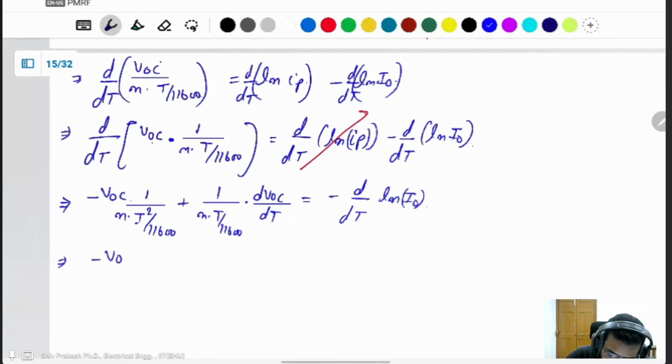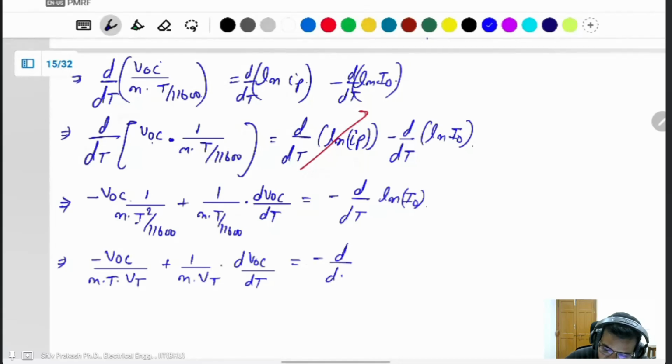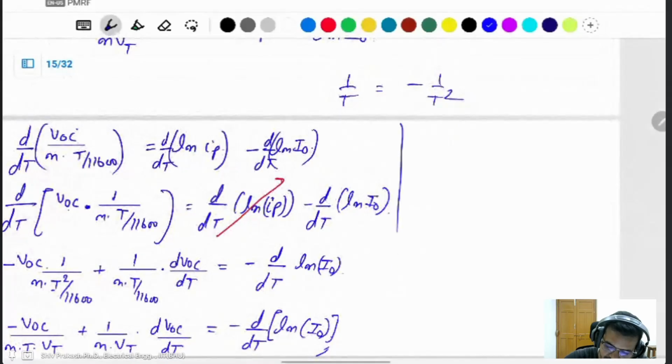Then minus VOC divided by n into T into Vt, plus 1 by n into Vt, dVOC divided by dT, the open circuit voltage divided by temperature. How to calculate this one, ln of this one?